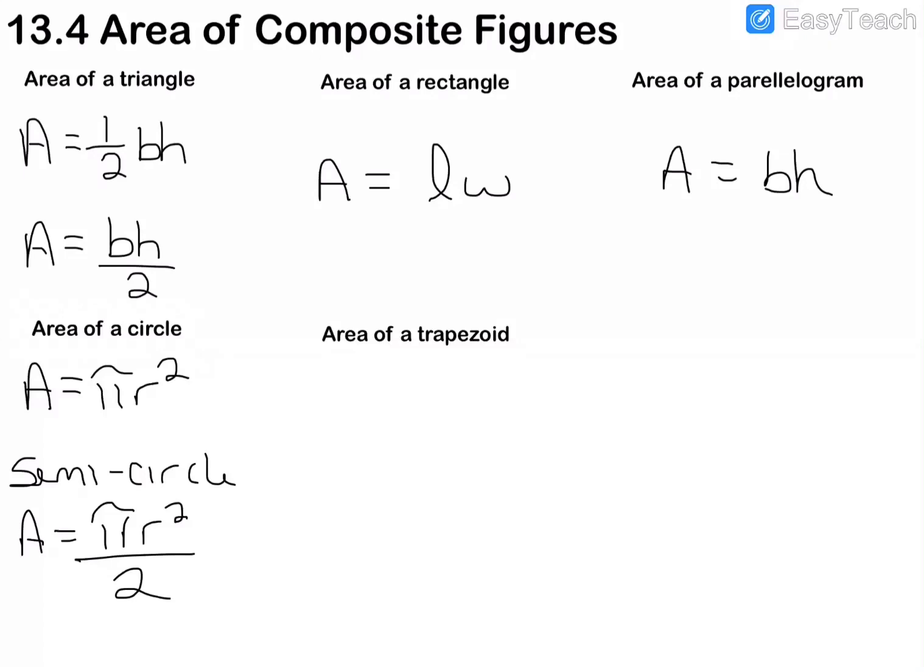And then you might see trapezoids. And those are a little bit different. If you're not sure what a trapezoid looks like, you're going to have one set of parallel lines, which are going to be called your bases. This is a base, and this is a base, and then you have your 2 non-parallel lines.